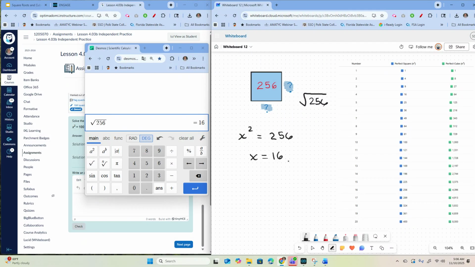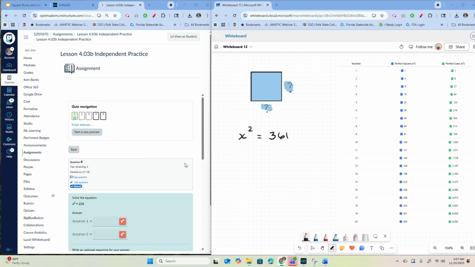However, remember, there's always two answers every time you do square root. So the other answer is negative 16. If you multiply 16 times 16, you're going to get 256. And if you multiply negative 16 times negative 16, you also get 256. That's why we have two answers. Okay, let's go to the next one.